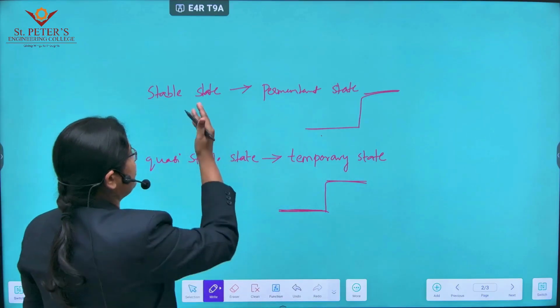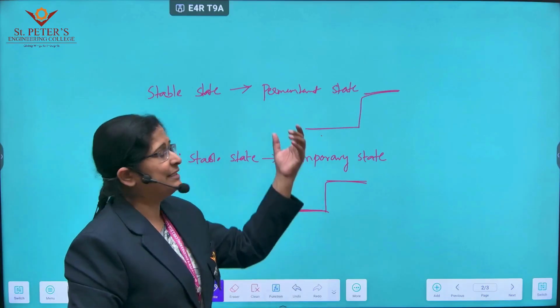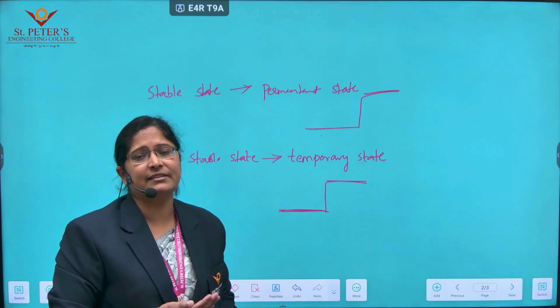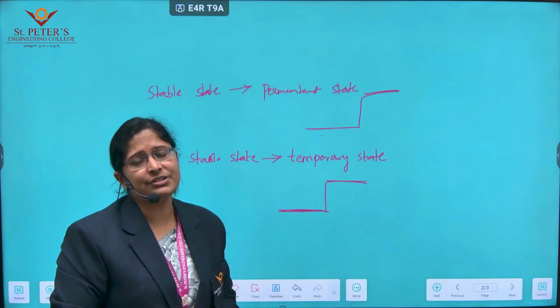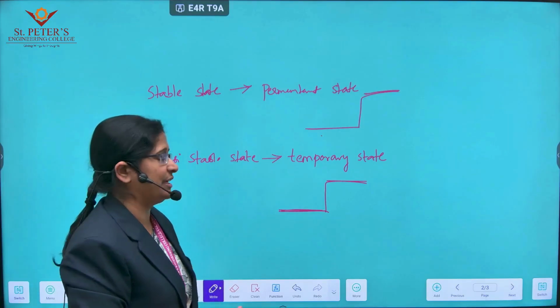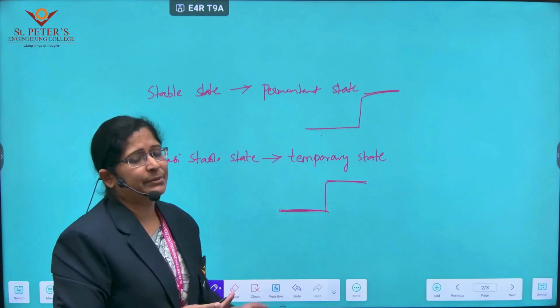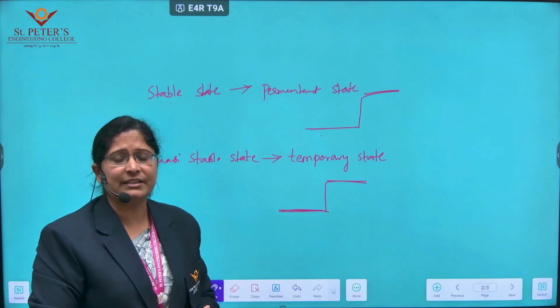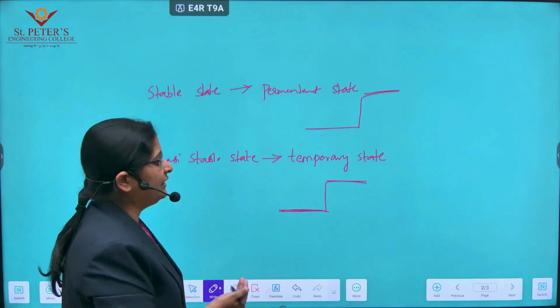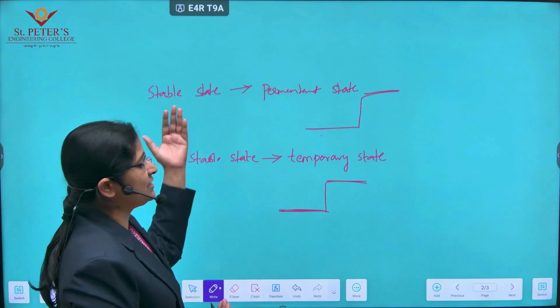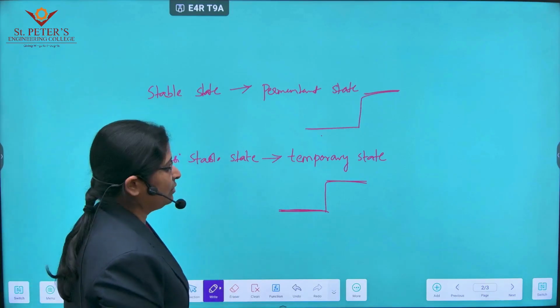So the definition of stable state: it is also called permanent state, the multivibrator is continuously in that level, and when external triggering is applied, it comes out of the state. Quasi-stable state is also called temporary state; we need not apply any external triggering, and automatically, after some duration of time, it comes out of the state. This is the definition of stable state and of quasi-stable state.